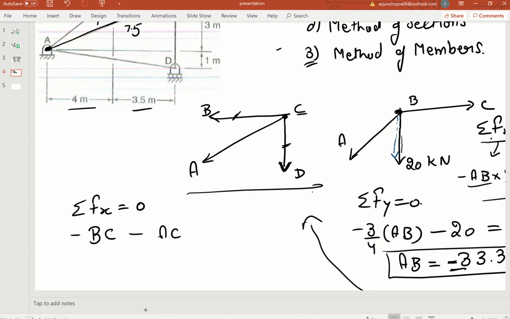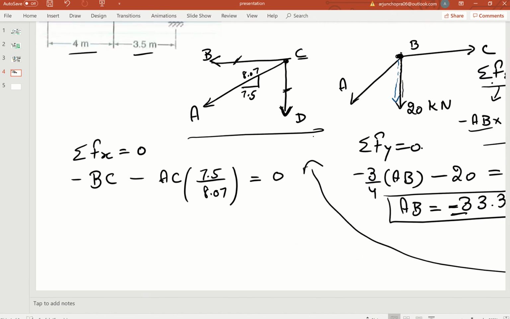So negative BC acting in this direction, and AC, this is 7.5 and this value is 8.07. So AC is 7.5 over 8.07. Is there anything else acting in the horizontal direction? No, this is equal to 0.